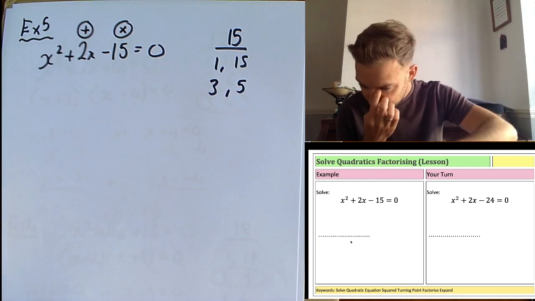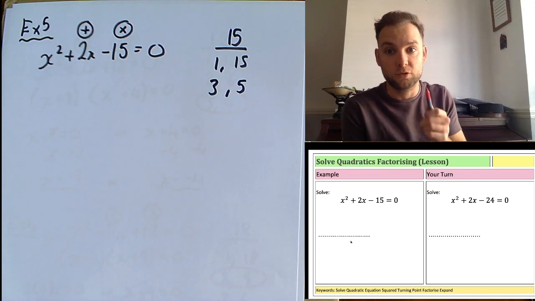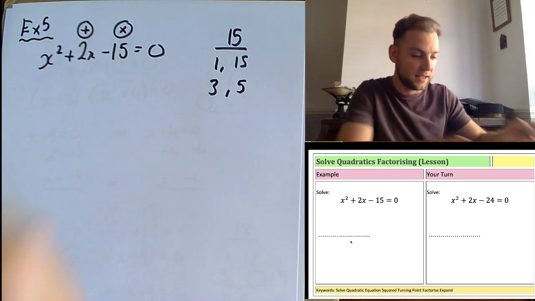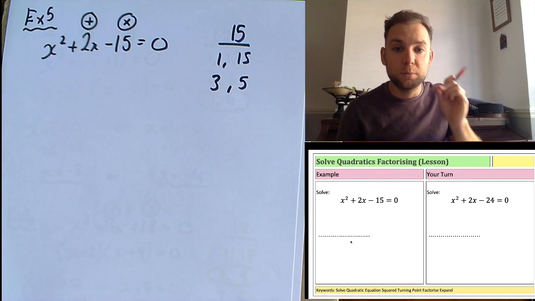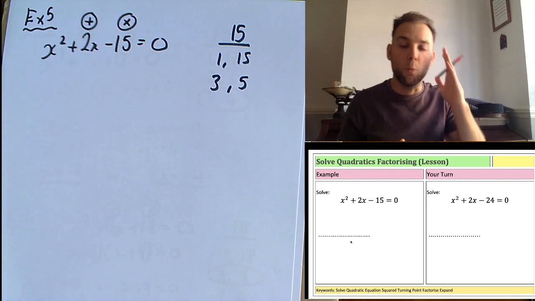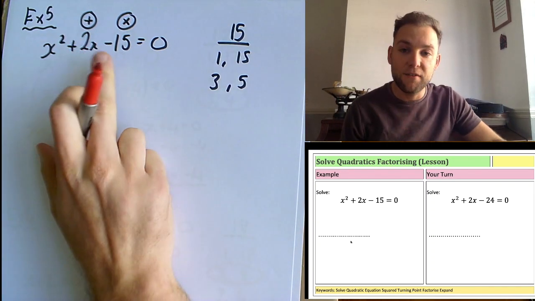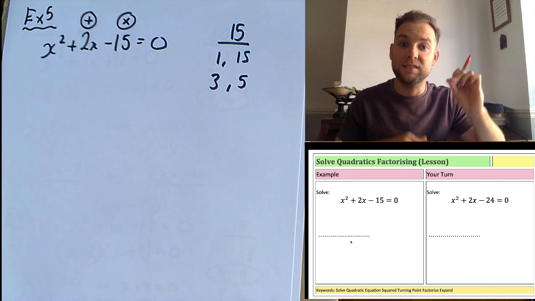Now, if you remember when we did the factorising quadratics, the problem I had with this is that when it's a negative, any two numbers which multiply together to make a negative means that one must be positive and one must be negative. Because to get a negative value, a positive times a negative is a negative, or a negative times a positive.